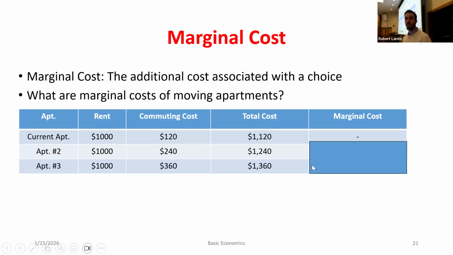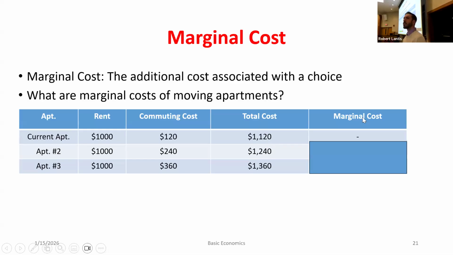Let's say I'm currently living in this apartment right here. My total cost each month is $1,120. If I instead move to apartment number 2, what's the change in my total cost? It's going from 1,120 to 1,240, so the change in my cost would be $120.